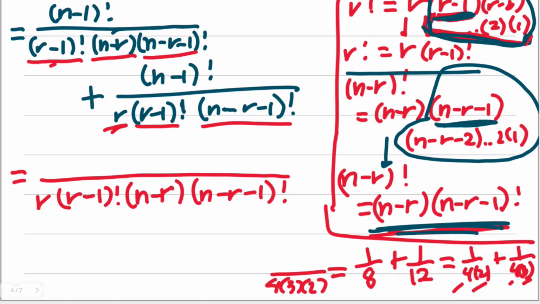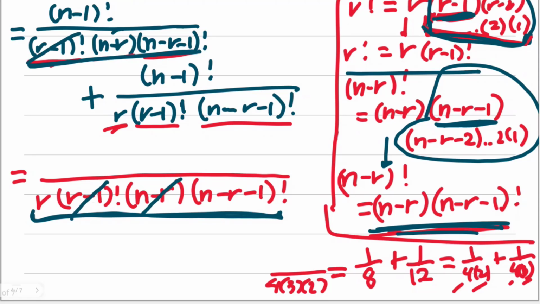I might be using a separate page for this, so please bear with me, because as I need to look into the sum of the two rational expressions, we know that in the LCD, we use this, divide with this term, and what remains, multiply it to our numerator. So this is to be divided by this, so cancel n minus r, cancel that. What remains is r.